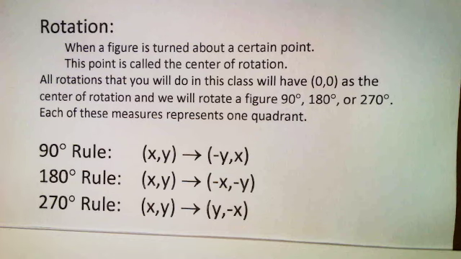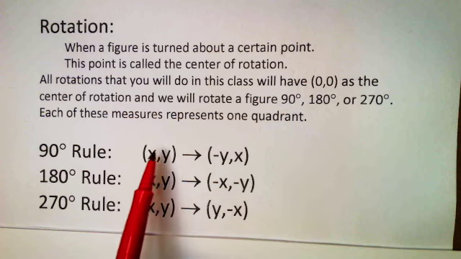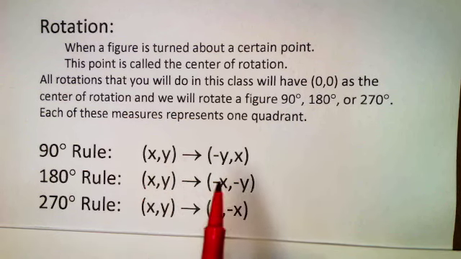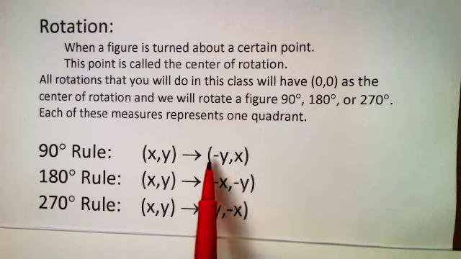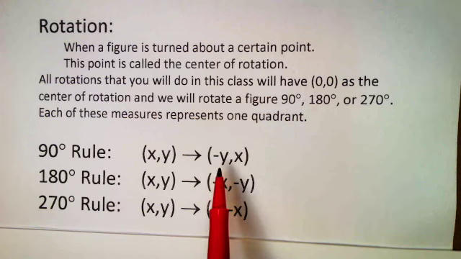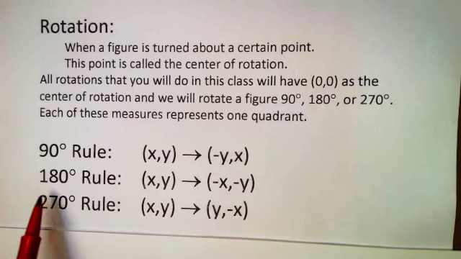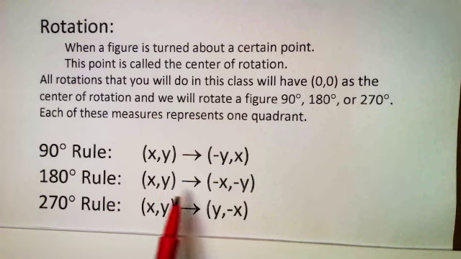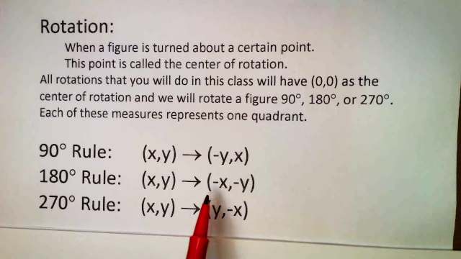Here are our rules for each one of these angle measures. The 90-degree rule is this: if we take a point and we rotate it 90 degrees, the new point will have the X and Y coordinates switch positions, and the Y will turn into the opposite. If it's 180 degrees, the rule is the X and Y will stay in the same place, but I write down the opposite of those numbers.